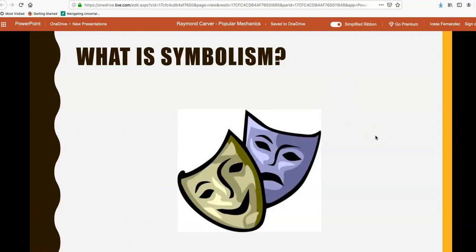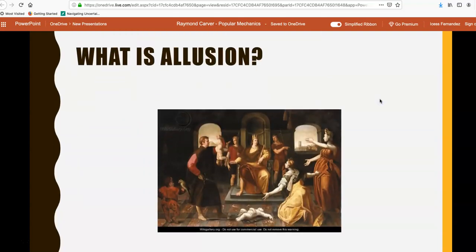So that is pretty much what a symbol is and what symbols mean. And so there's lots of symbols here in this story. Of course, you probably have already Googled this story and picked out some symbols. And that's great. All I'm going to say is not all of them are true. So be wise of what you believe from Google.